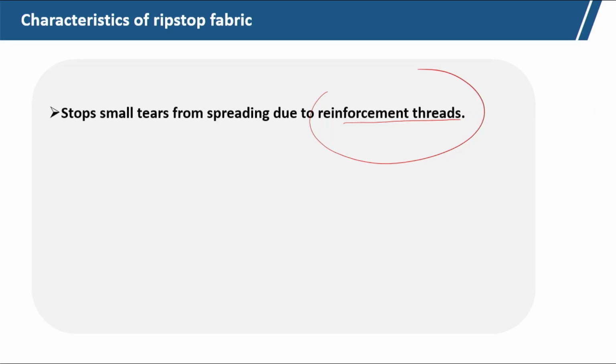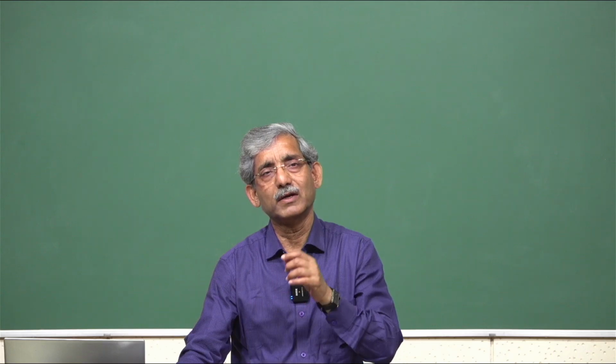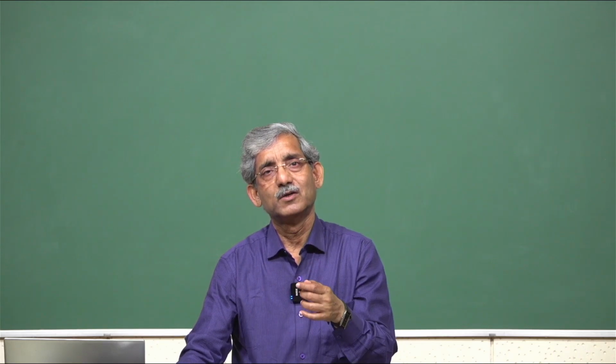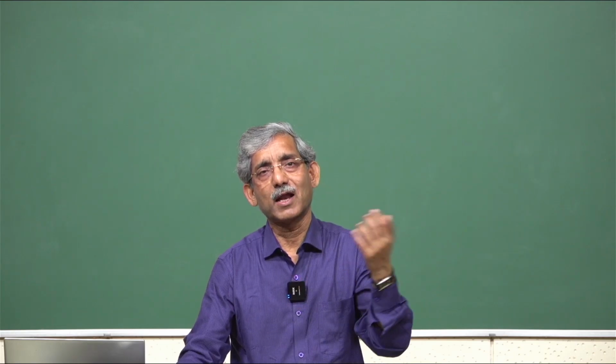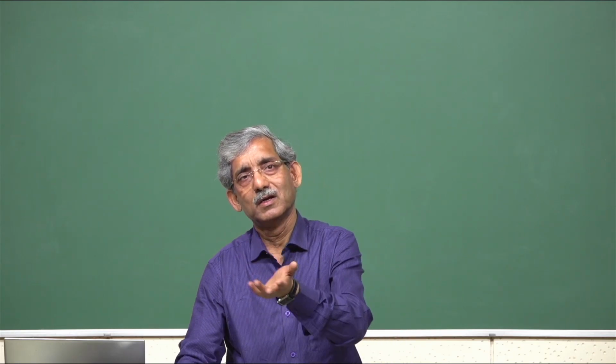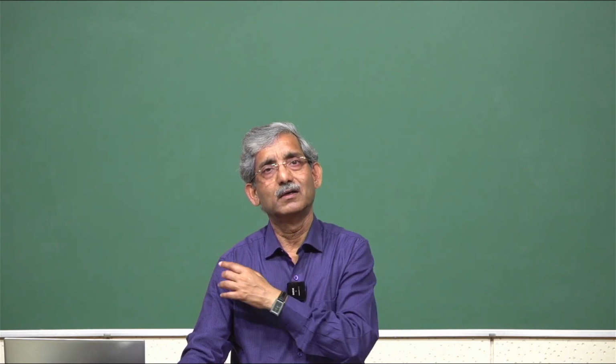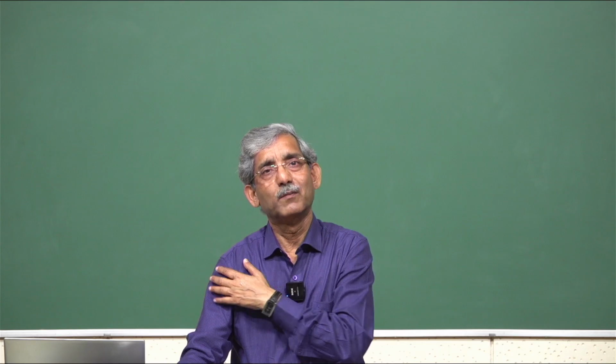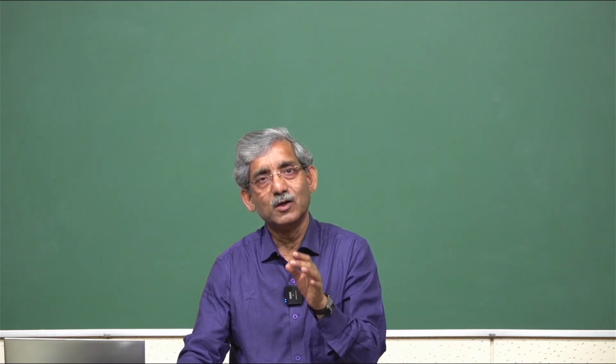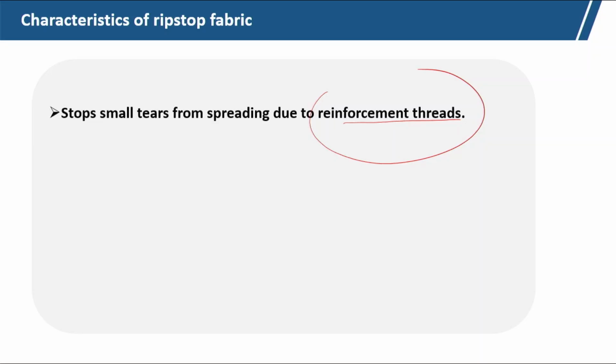So, that is why it is used for outerwear of any protective textile, be it fire protective or any work wear. There the fabric should not fail due to tearing. So, for these applications we use Ripstop fabric.